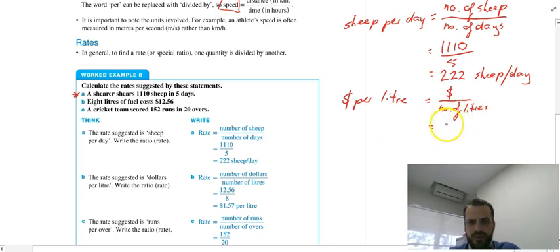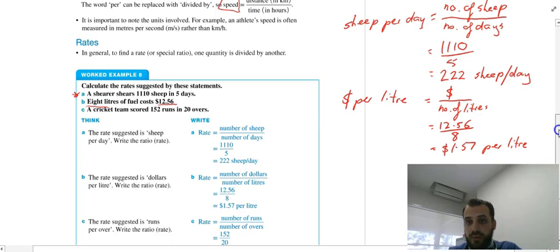The dollars, it's $12.56 for 8 litres divided by 8 litres. And if you type that into your calculator, you'll get $1.57 per litre. Okay, so that's how rates are working.